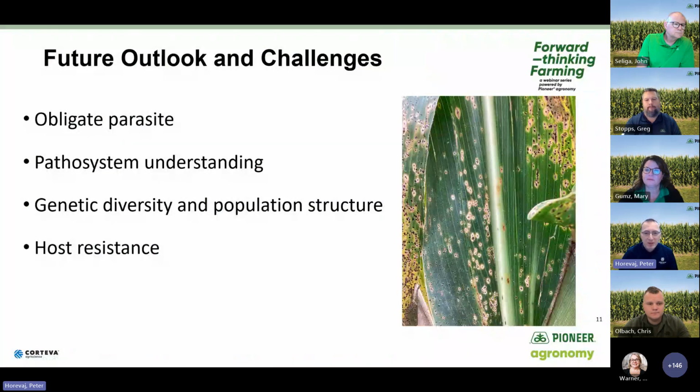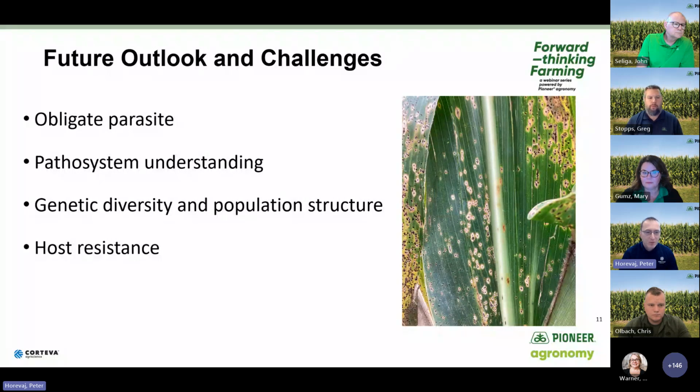This is my last slide for my portion. I would just end with kind of an outlook or challenges of what we as pathologists, not just Corteva, but even across the industry and academia, deal with. It's an obligate parasite. What does that mean? It's kind of like those rusts. You cannot culture it on artificial media.